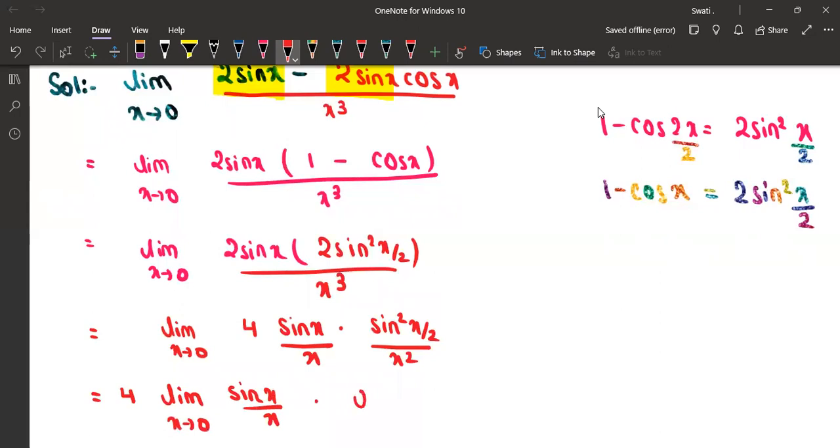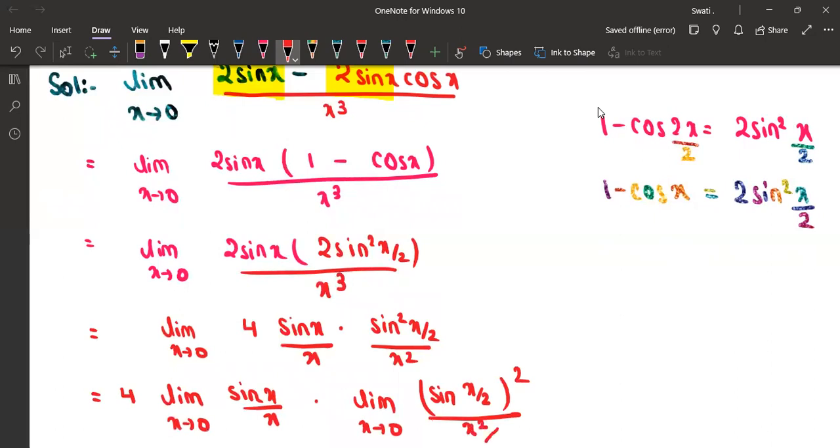So therefore, again, I'm going to write down limit x tends to 0. And I can write down this sine square x by 2 as sine x by 2 whole square, right? I can write down this x square as x square.